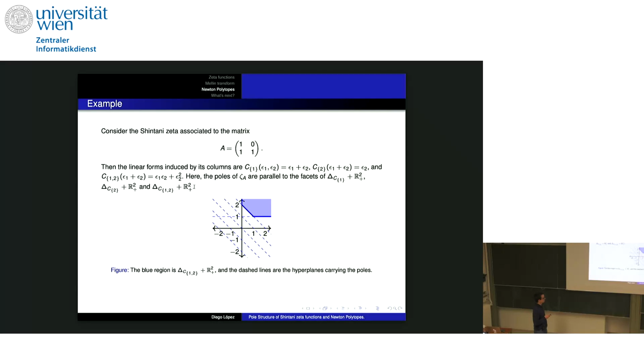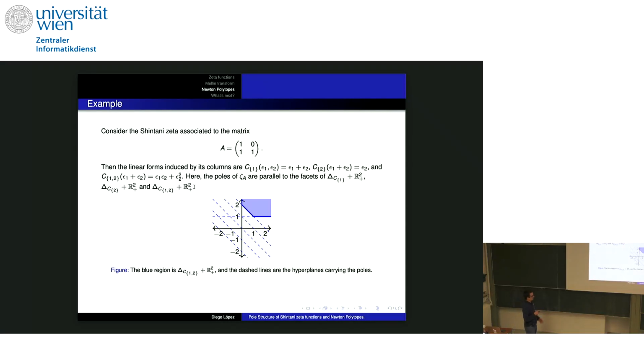For the set with only one, this polynomial is just the linear product between this column and the vector epsilon 1 and epsilon 2, so just e1 plus e2. For the second column it is just epsilon 2, and for c_{1,2} it is just the product of these two previous ones.